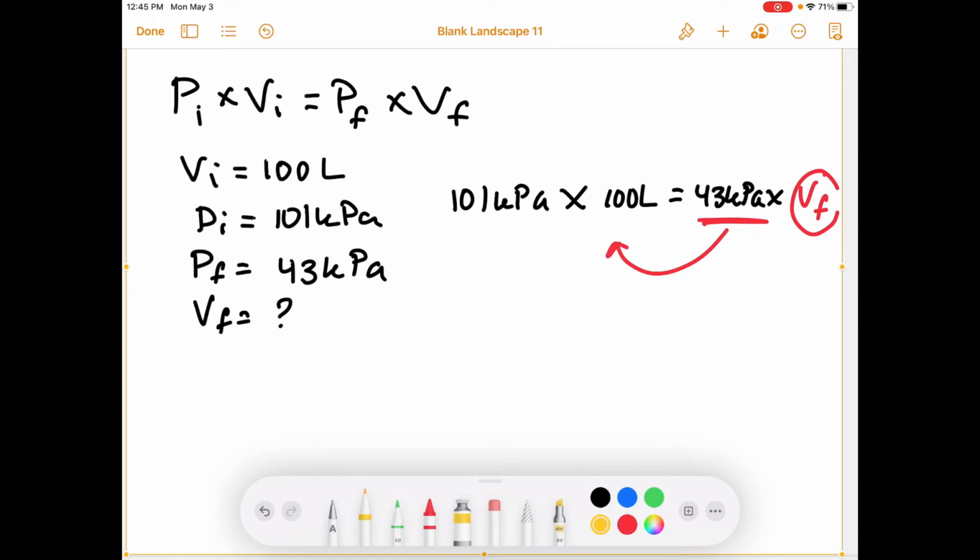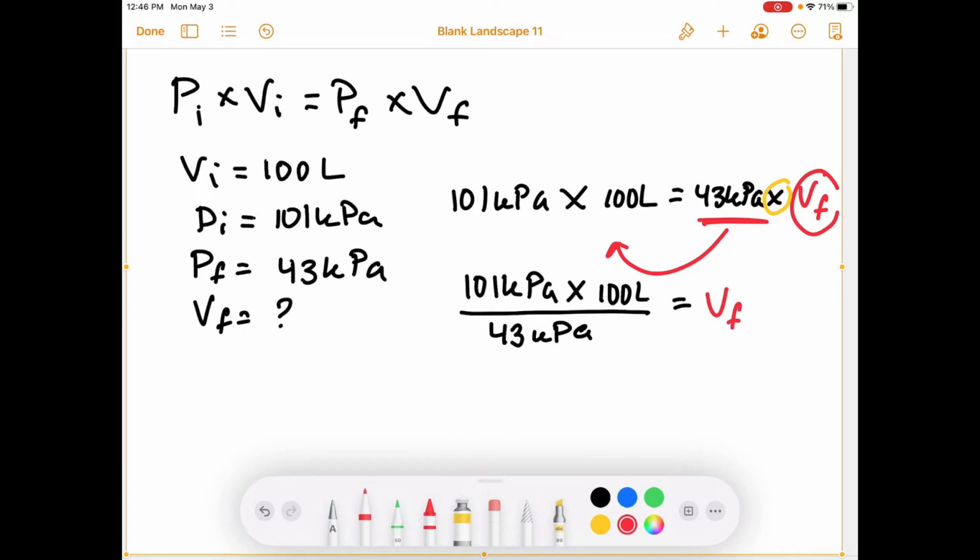If we're multiplying on this side, to get it to the other side, we need to divide. So we're going to do 101 kilopascal times 100 liters divided by the 43 kilopascal from the other side equals our final volume.